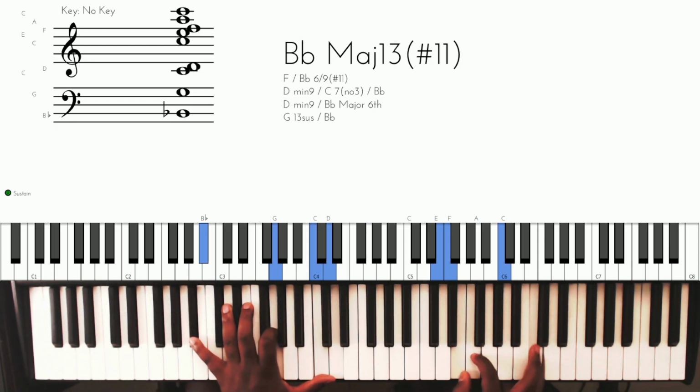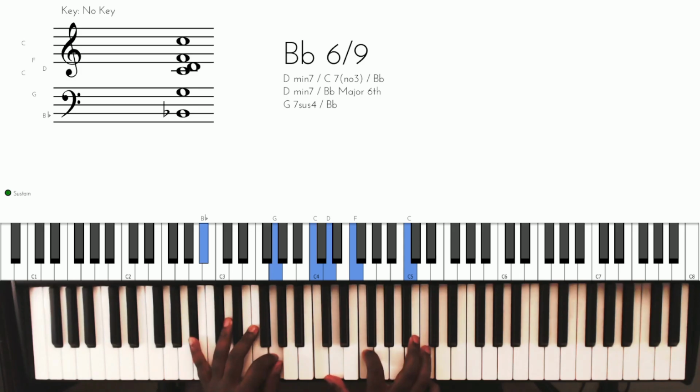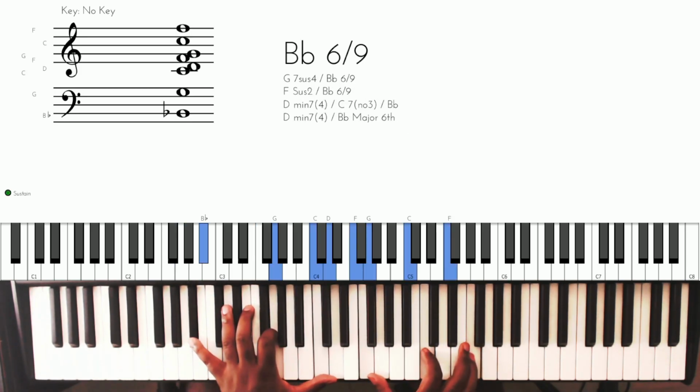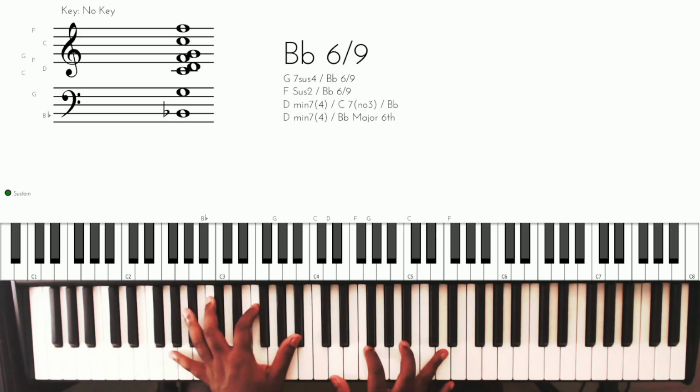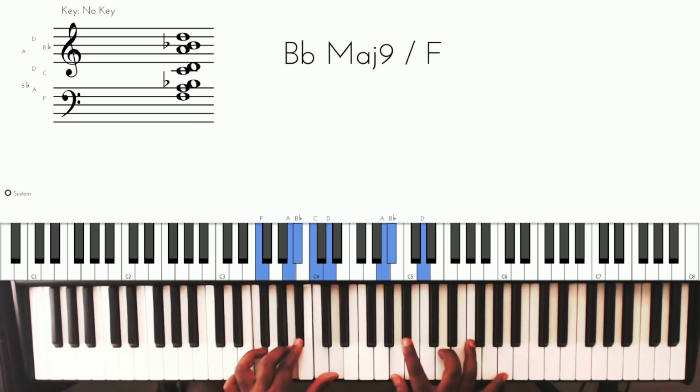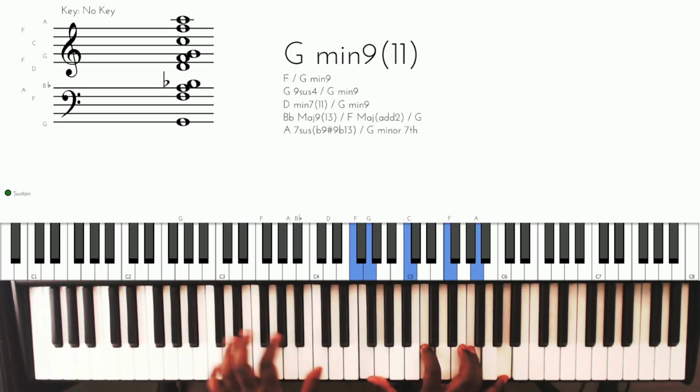And let's see, from here we can go to the minor 5. You would play that, right? So we're here. Let's go to the minor 5. So that's one way.